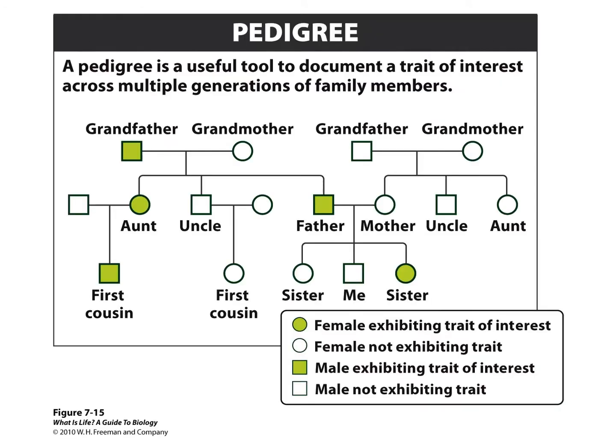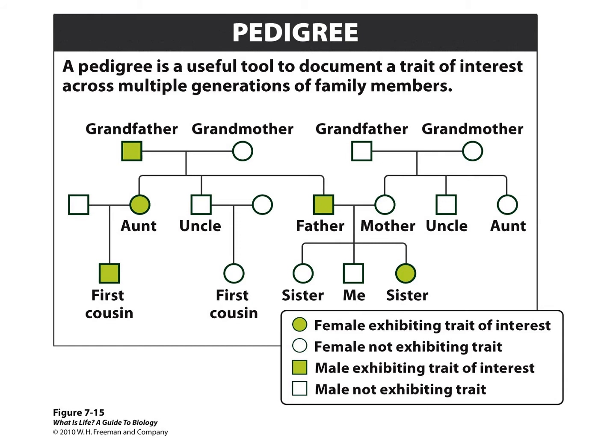One of the oldest tools in the toolbox that geneticists have to understand genetic diseases is the pedigree. A pedigree is essentially a family tree used to track a particular trait. Typically that would be a disease.